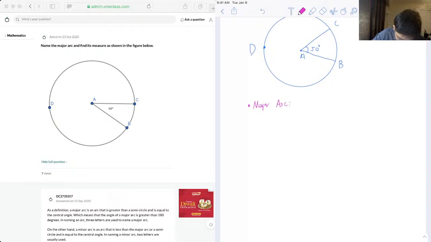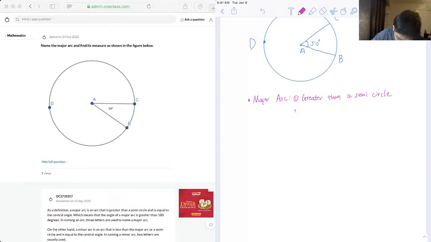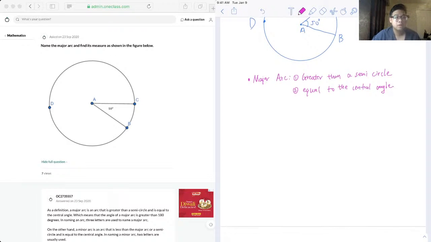So first, greater than semicircle. Second, it's equal to the central angle. In other words, the angle of a major arc is greater than 180 degrees.